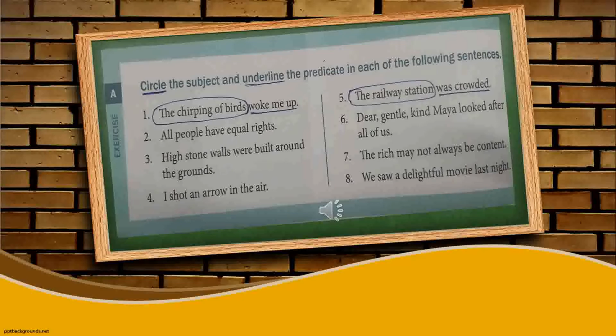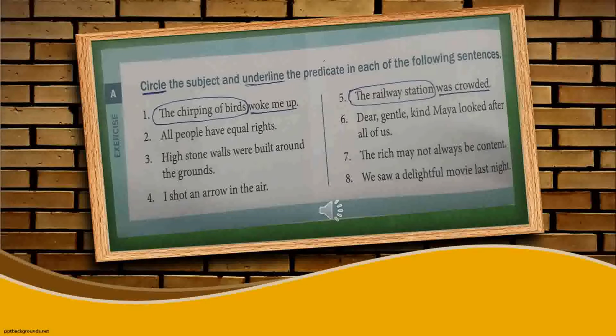And woke me up is the predicate of the sentence, so I have underlined the predicate. In the same way, in question number 5, the railway station is the subject here, so I have circled it. Was crowded is the predicate, so I have underlined the predicate.